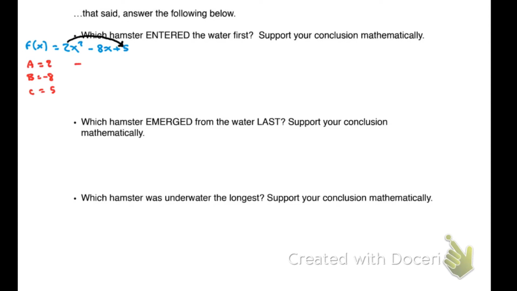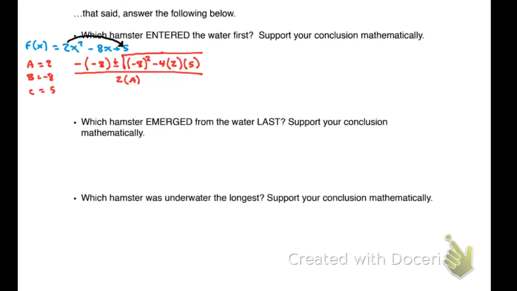So we have negative b plus or minus square root of b squared minus 4 times a times c, all divided by 2a. Okay.